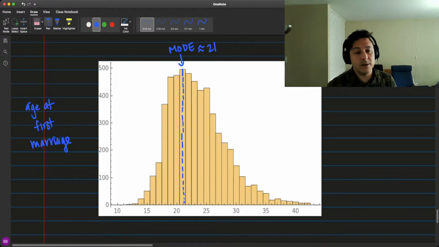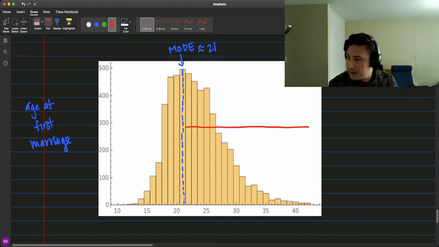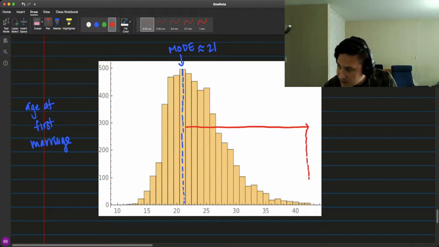Now, to figure out the shape of the graph, I now need to look at the tails. So I'm going to measure out my tails. The right tail goes from 21 to approximately, apparently what's the oldest age at which women get married? What is that? Yeah, like 42 or something like that.